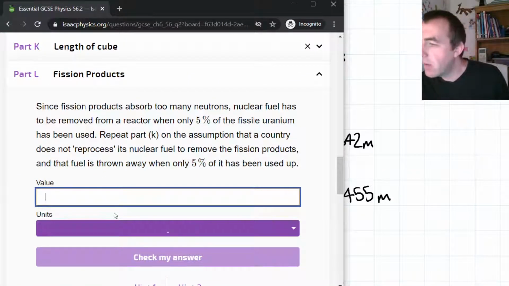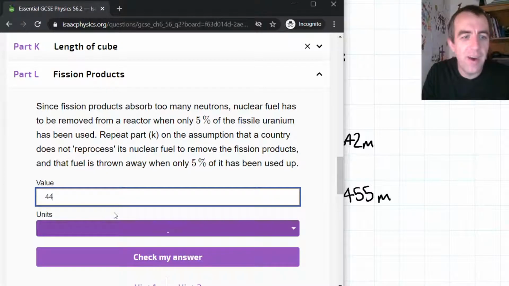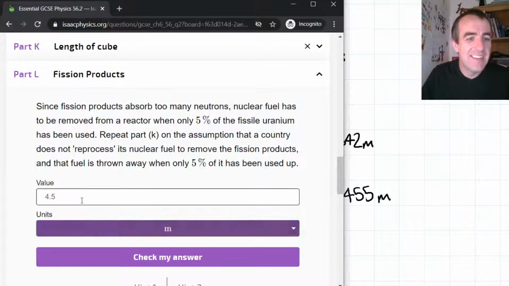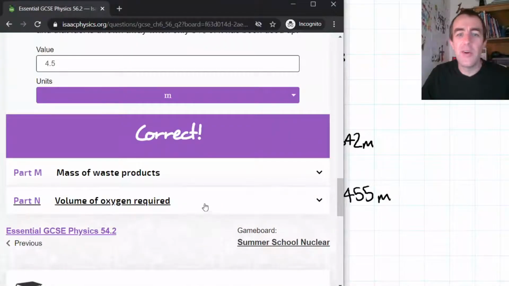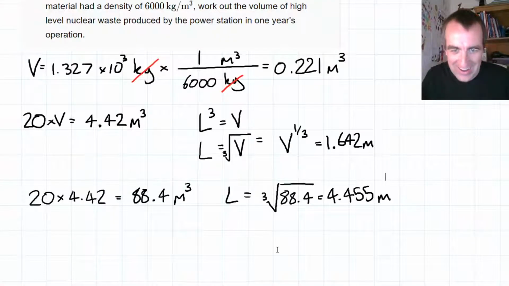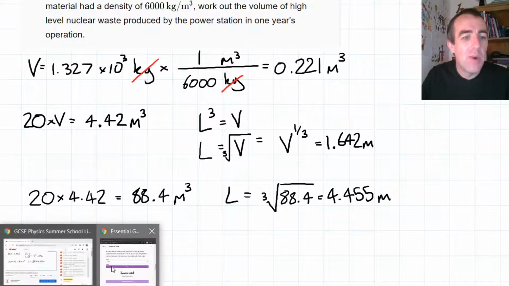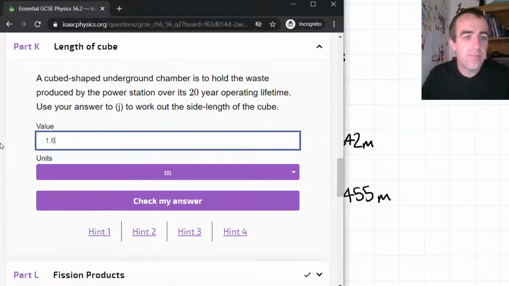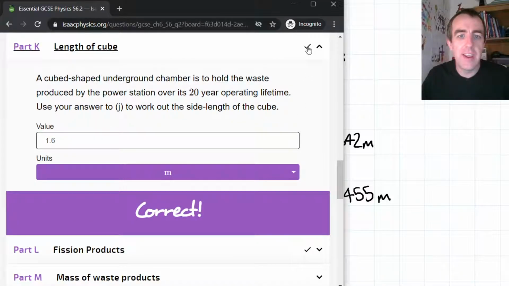Just entered the incorrect number into part K. Right, 4.5. There we are, my answer was right. I couldn't work out why the answer was wrong, because it wasn't wrong. I need to enter the right answer in here again now, otherwise it'll drive me mad. 1.6. There we are.